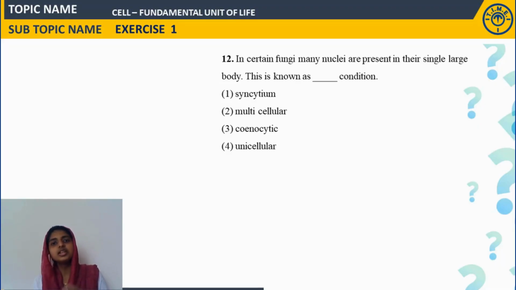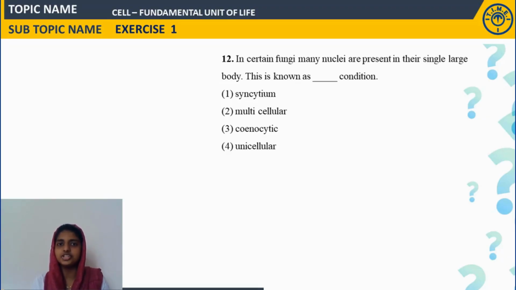Similarly, the cells of fungi also have many nuclei in a single cell. This condition can be called the multinucleate condition, or it is also called cenocytic.